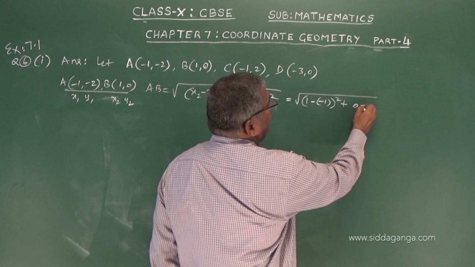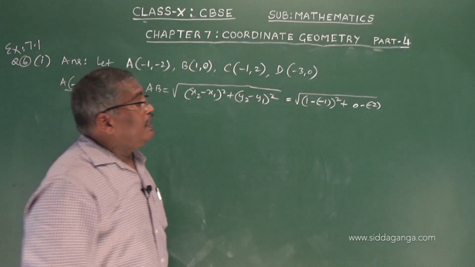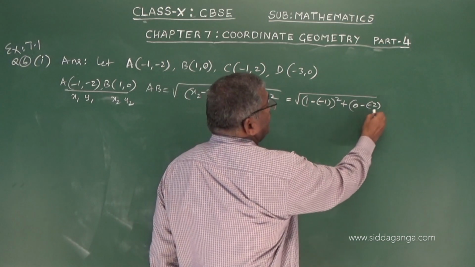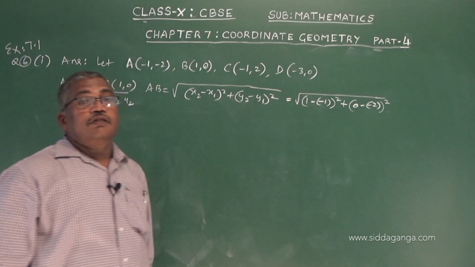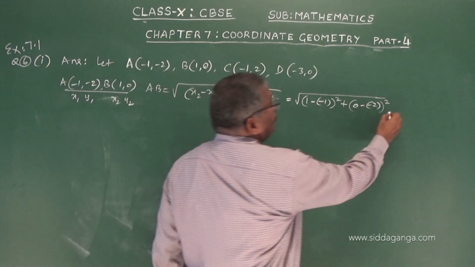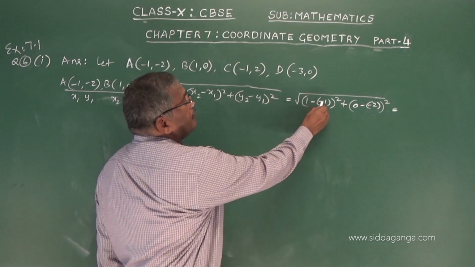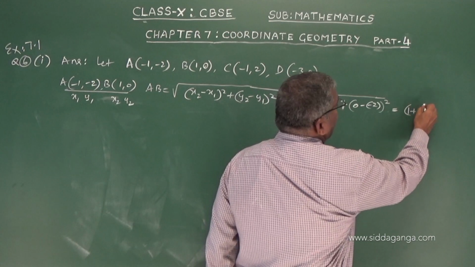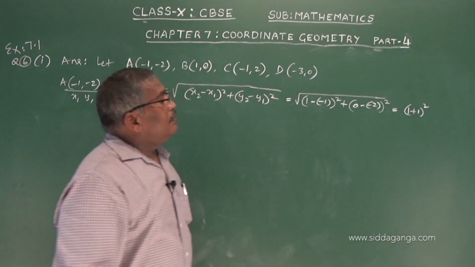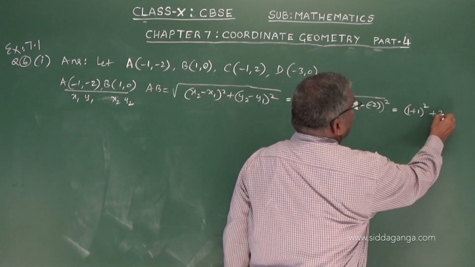Wherever you have a minus, you have to take a separate bracket for that, so that you will not make any mistakes. So this equals 1 minus of -1 is 1 plus 1 whole square. 0 minus of -2 is plus 2. That means 2 square.